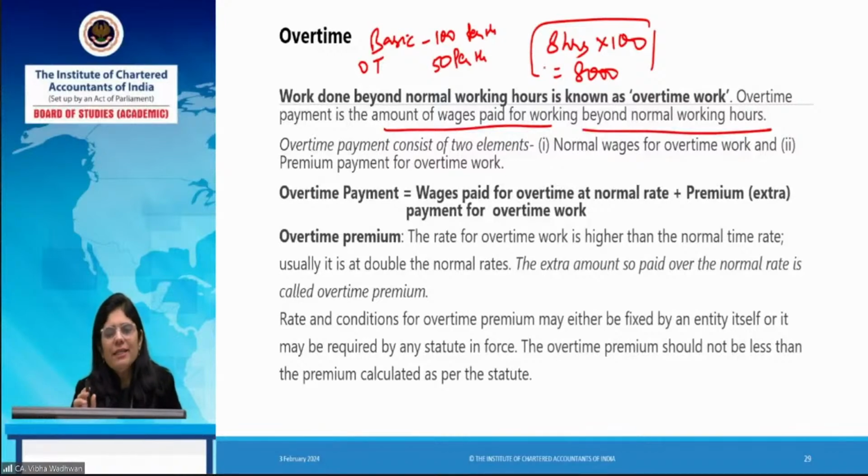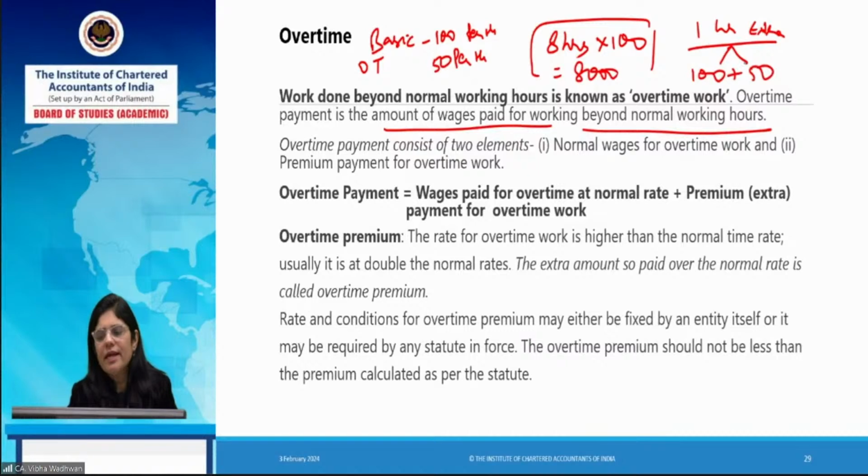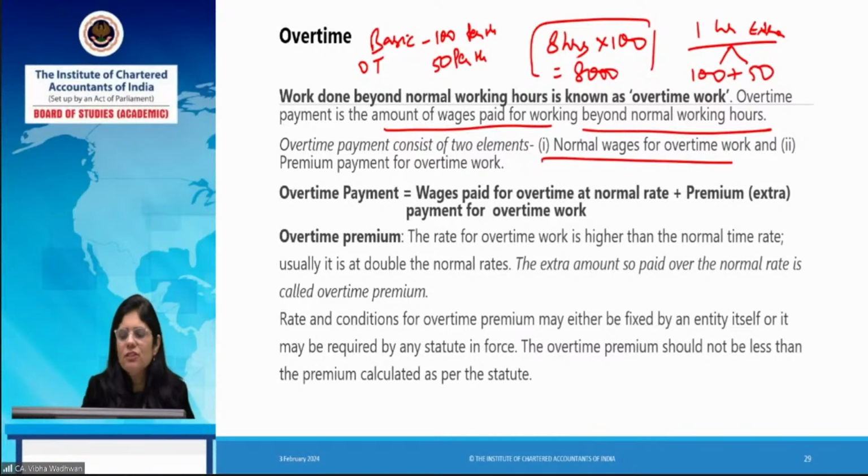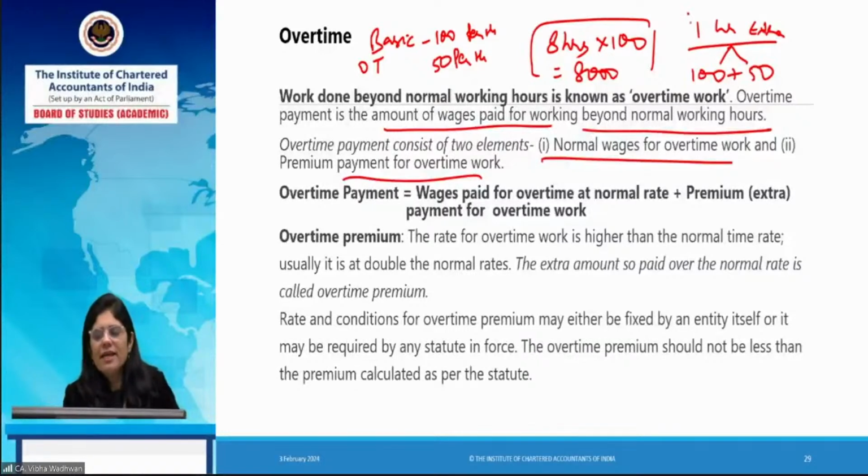But now let us say you are working for 1 hour extra, and for that 1 hour extra you will be paid. Clear? So for this 1 hour extra, it has 2 elements. Number 1, you will be paid at the basic wage rate plus the overtime rate. Overtime payment consists of whatever extra time you have worked: you will be paid first the basic rate plus the extra overtime payment.